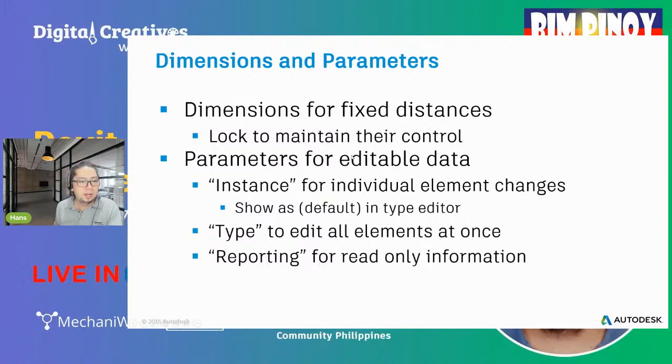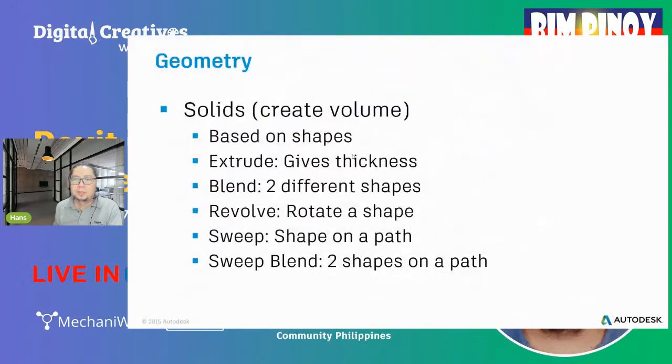We will discuss this later. And then solids. For geometry, I'm sure most of you know how to do extrusion, some blending, but we will discuss these methods further when we use the software. Revolve rotates a shape, sweep sweeps a shape on a path, and sweep blend blends shapes on a path.